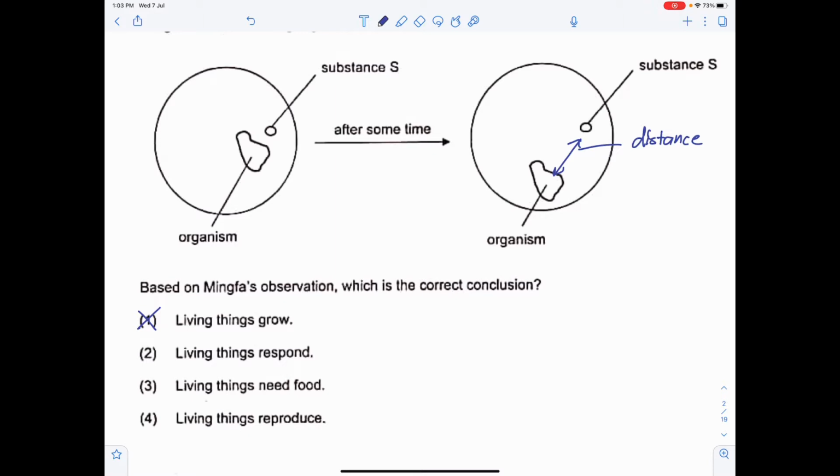Living things need food is also wrong because it doesn't show any feeding. Living things reproduce is also wrong. If it's reproduce, you should see more, in terms of numbers. More of the organism, not just bigger in size, but physically more, as in countable. Please copy down all these annotations. They are there to help you.